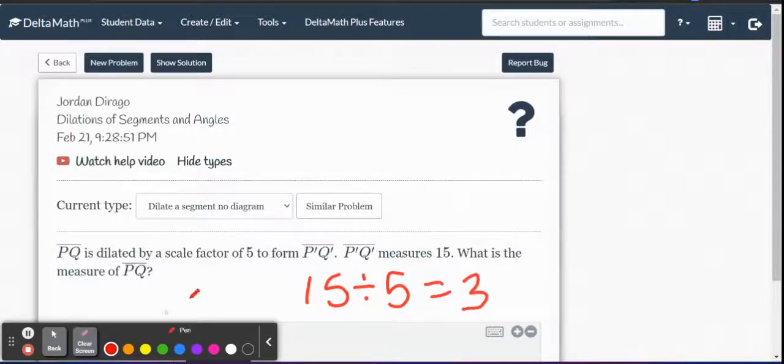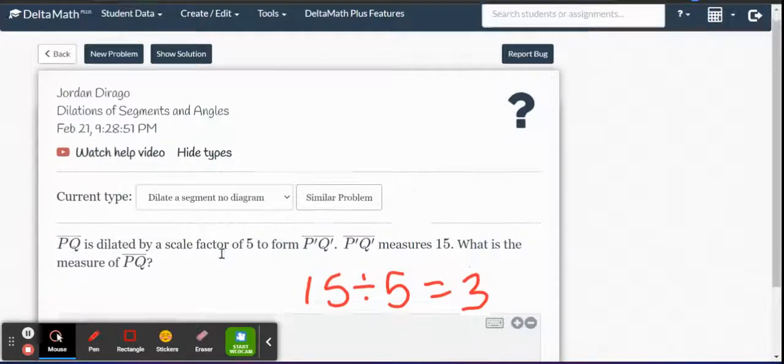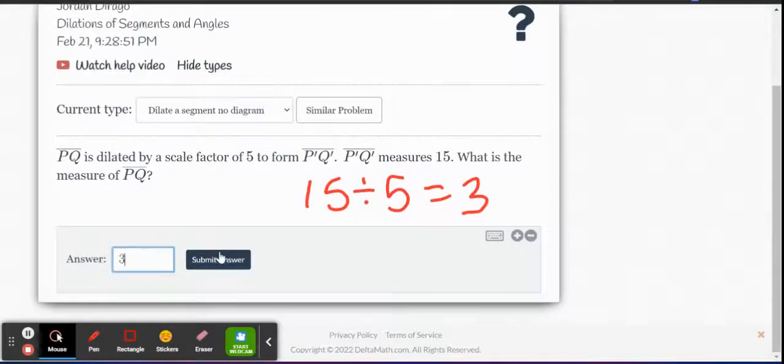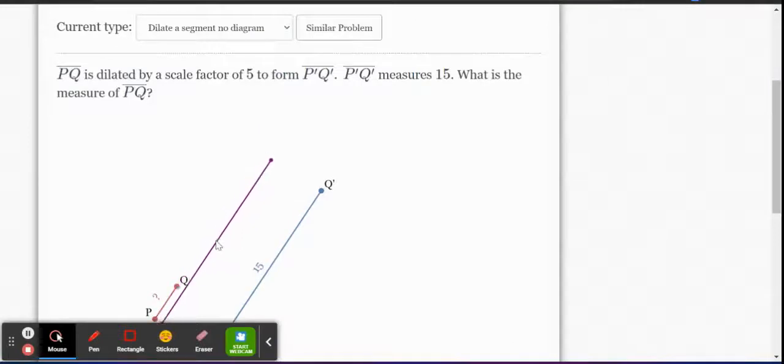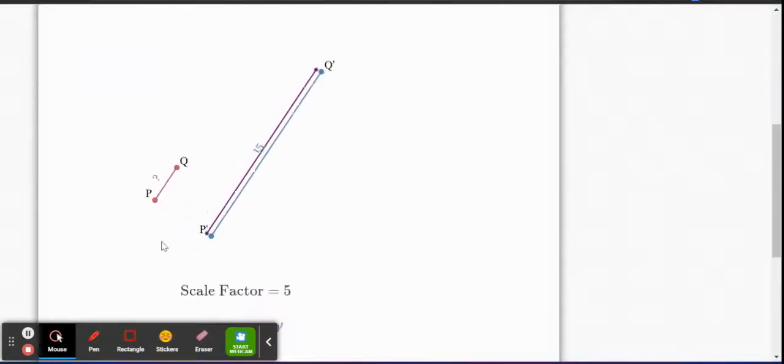I was getting ahead of myself. 5 times 3 is 15 after you transform it. So the measure PQ is 3. And it should give a diagram. It does. It gets bigger and shows how it gets enlarged by the scale factor.